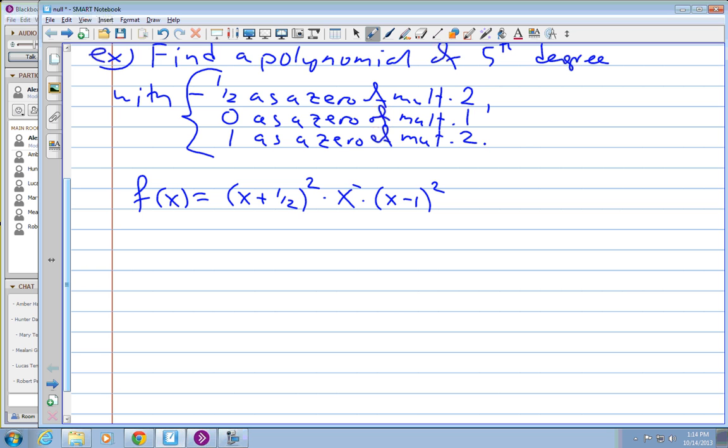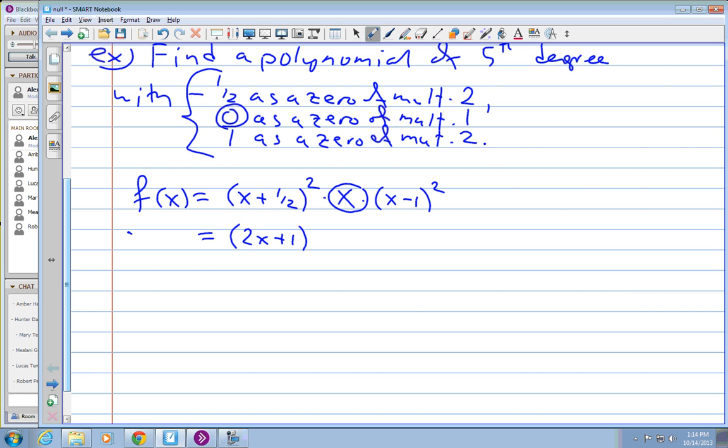This x produces 0 as one of the zeros, right? When you set it to 0, you get x equals 0. Now, another way to write this: x plus 1/2 can be rewritten as 2x plus 1. It still gives you the same negative 1/2 as a 0.